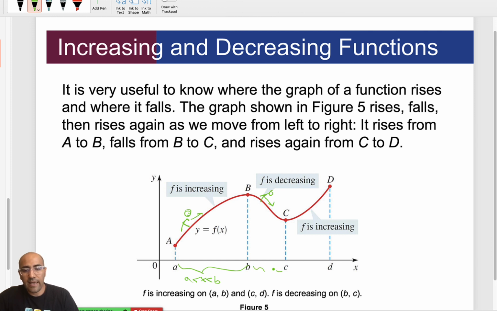For x between b and c, the function is decreasing. And for x between c and d, the function is increasing, right? So we can easily tell from the picture. Again, we're just building toward being able to do it with equations down the road.